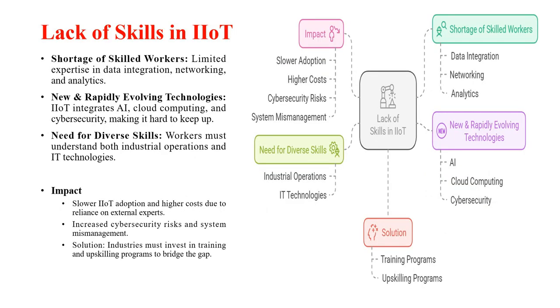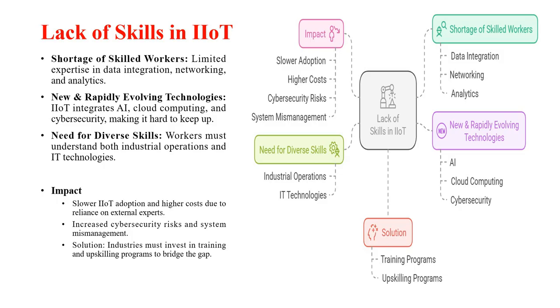Then the next challenge is the lack of skills in industrial IoT. The adoption of the industrial IoT faces a major challenge because of the limited availability of skilled workers. The industrial IoT requires expertise in multiple areas, but many workers lack the necessary knowledge and training.